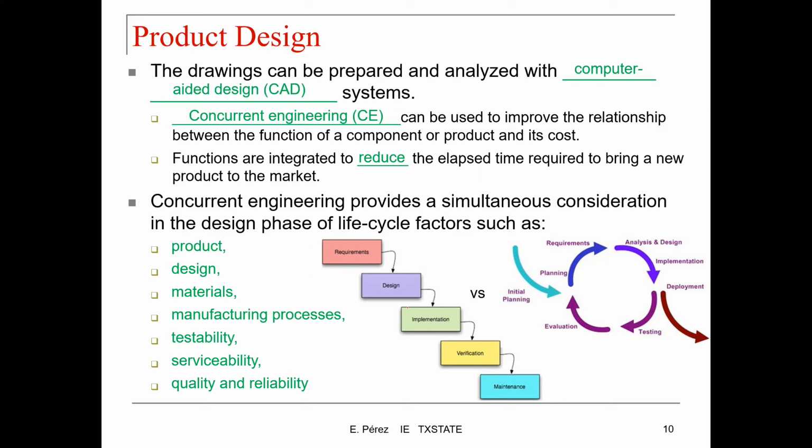So using concurrent engineering, instead of waiting for one step to be completed to move to the next phase, there are multiple phases of the development of these products happening simultaneously. That's the idea of concurrent engineering. You are performing these activities in parallel so you can move faster in bringing that product to the market.